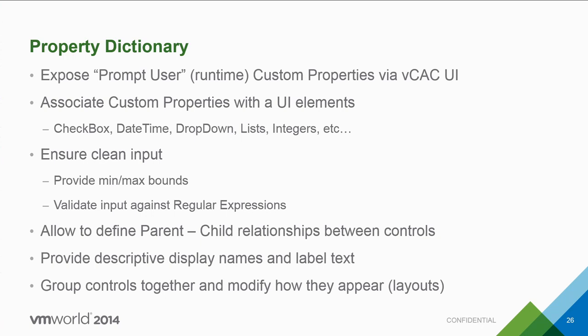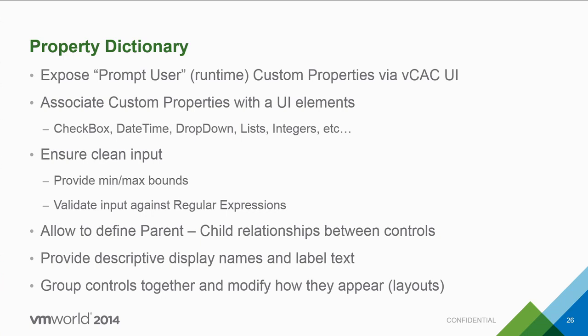So in order to help with that, we have a feature called property dictionary. The property dictionary gives knowledge of the type to the custom properties. It gives you the ability to set what specific control you want to show to the user, so that you can show the checkbox or the drop-down or other things. It also ensures that the input is valid.